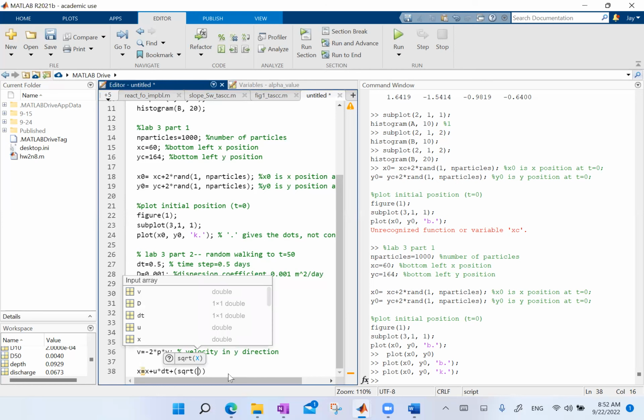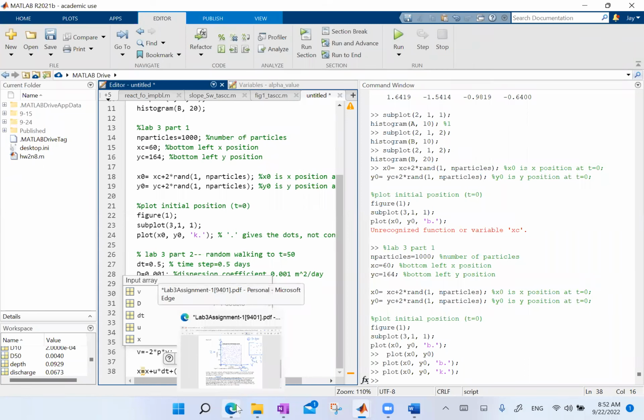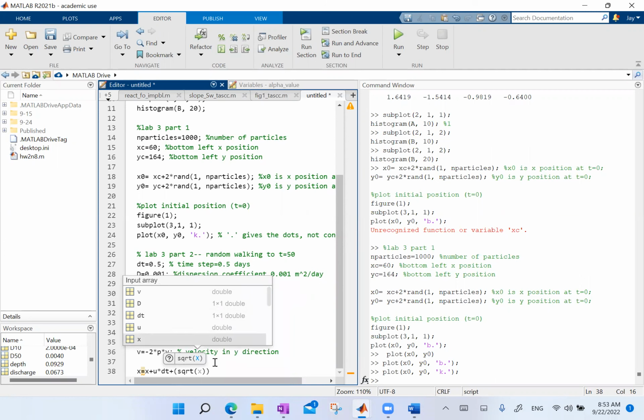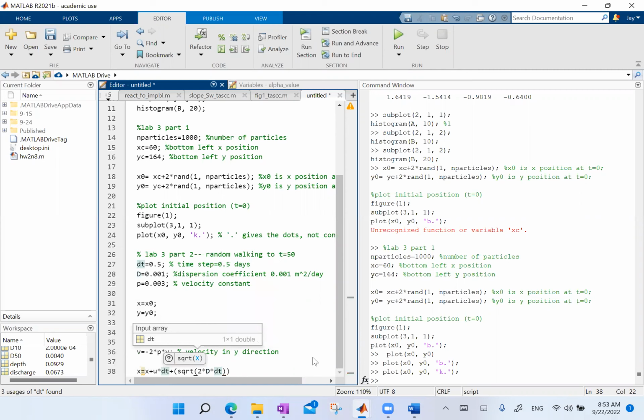So in the square root, follow the formula. We have 2. Yep, so x zeros and the y zeros are vectors from the initial position. So that's what we're going to use. So we have the 2 times the dispersion coefficient times time step dt.